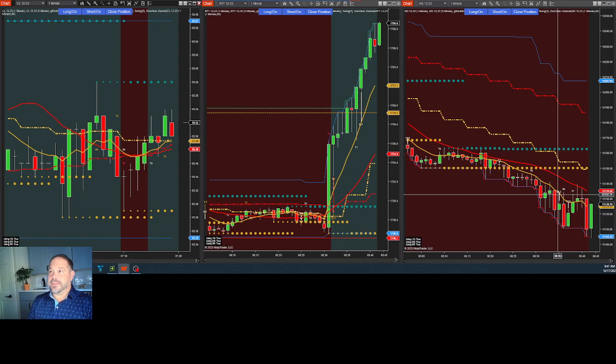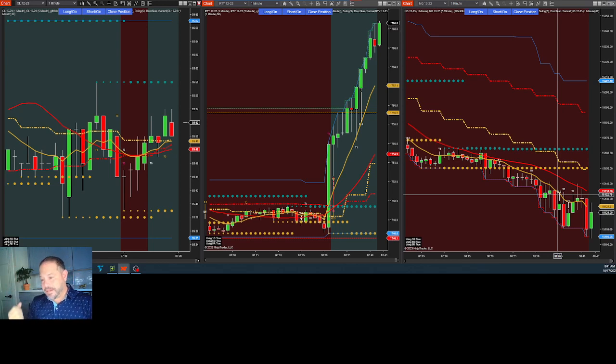And it does work. It works really good in trending markets with the 1-minute gold line strategy, because it'll touch the EMA and it'll just keep going up. So he's able to capture those type of trades.